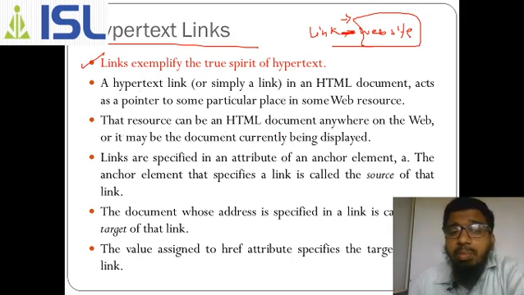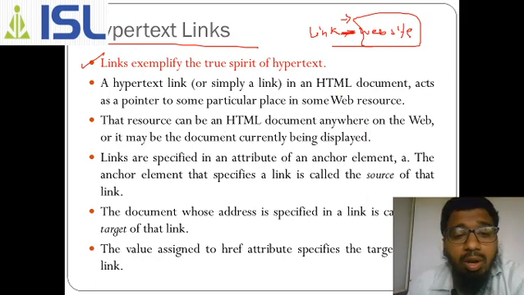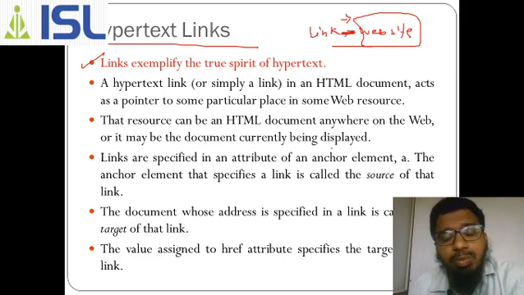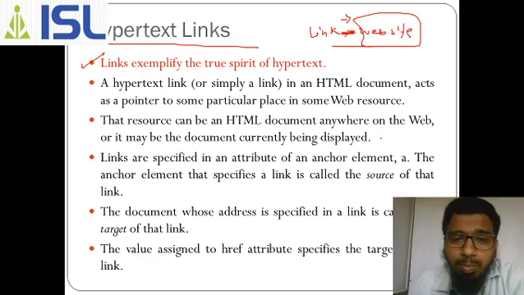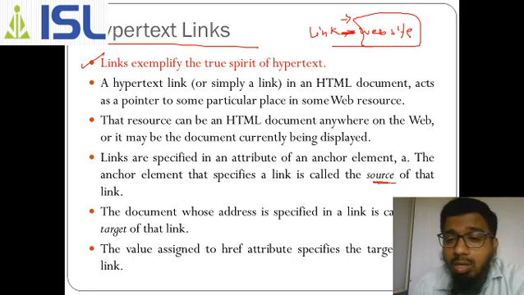That resource can be an HTML document anywhere on the web, or it may be the document currently being displayed. As I told you, on the same document or same page or anywhere on the web, you can give the link. Links are specified in the attribute of the anchor element. The anchor element that specifies a link is called the source of the link.